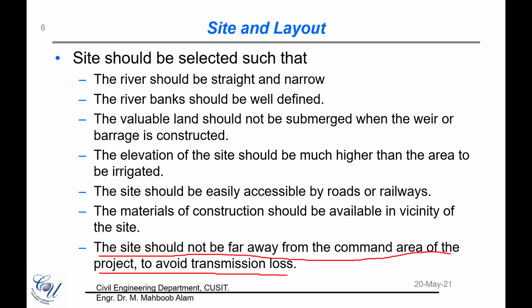So there is a lot of distance between the diversion headwork and the command area for irrigation. It is ideal that the place is near to the command area, because this way we can ensure that the evapotranspiration or evaporation losses are minimum, or the transmission losses are minimum.